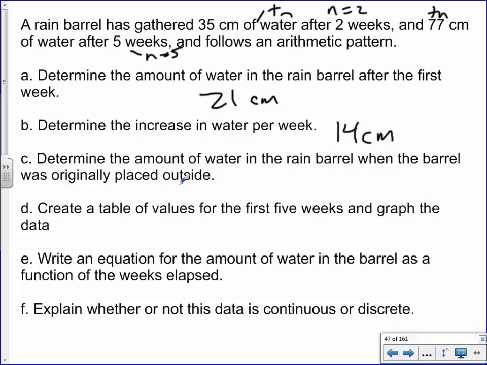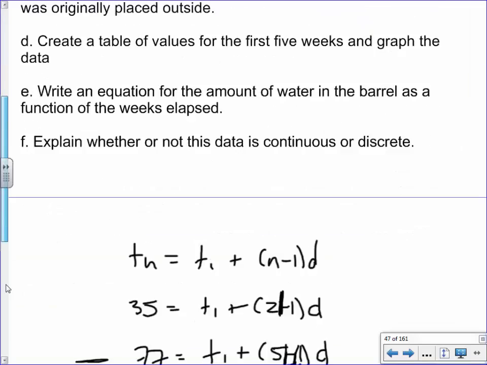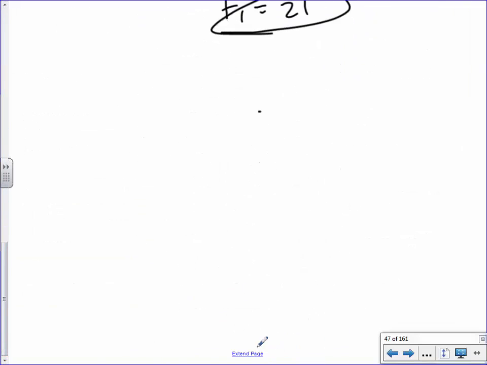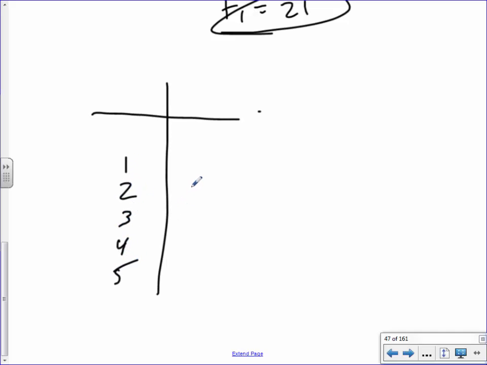Like at time 0, if I worked backwards and used a table of values, I may as well do that. After week 1, 2, 3, 4, 5, the second week was 35. The fifth week was 77. Does that make sense? This is the week.